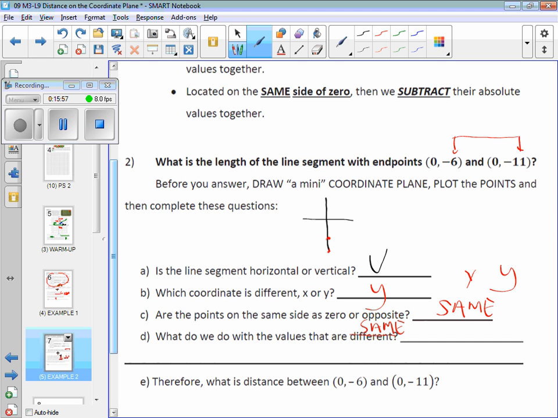You subtract. Okay, and make it simple: high number, take away low number. Always high number, take away low number. What do you get? Yep, you get 5.